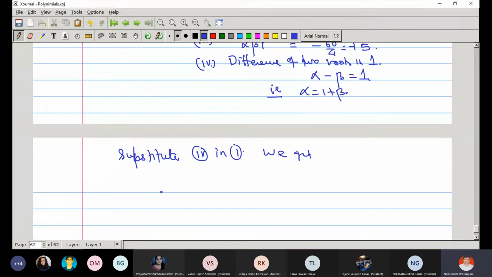That means alpha is 1 plus beta. So 1 plus 2 beta plus gamma is equal to 0, or 2 beta plus gamma is equal to minus 1. Am I right? Yes, sir. Right.